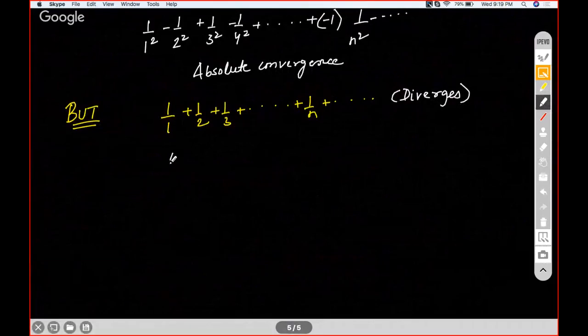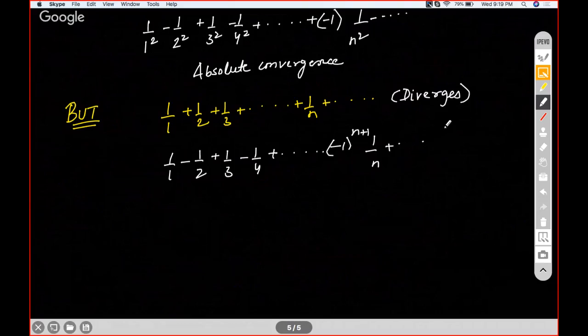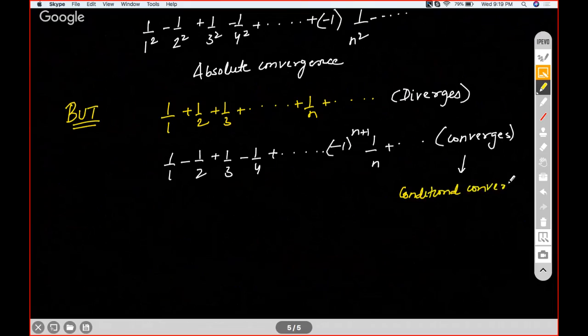This diverges, but this guy converges, and this convergence will be called a conditional convergence. Just for your information, because the question can directly be targeted at the type of convergence also.